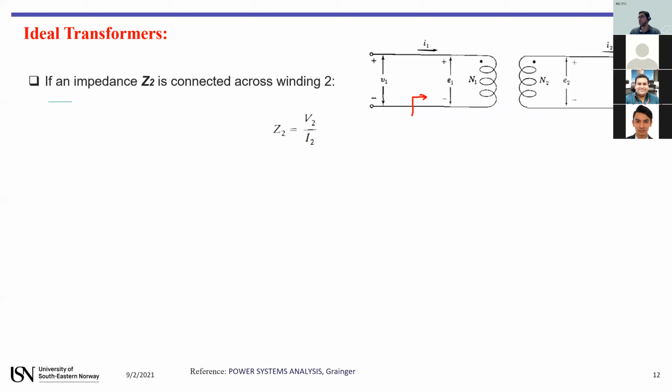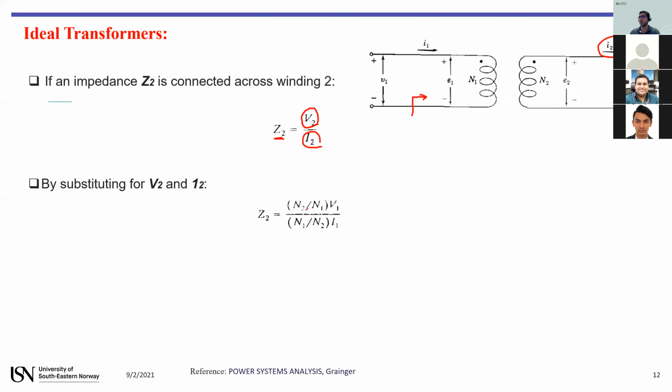We know that Z2, according to the phasor domain, is V2 over I2, voltage over current. V2 is the terminal voltage on the secondary winding, and I2 is the current on that side. We can write this expression for the impedance.